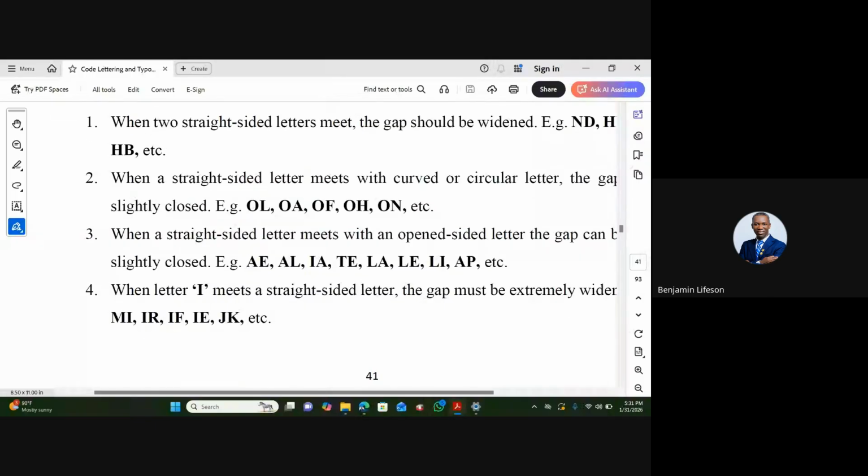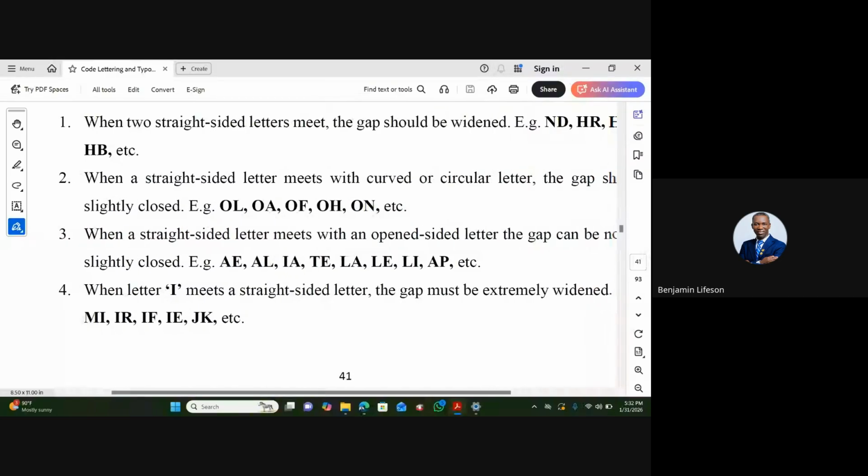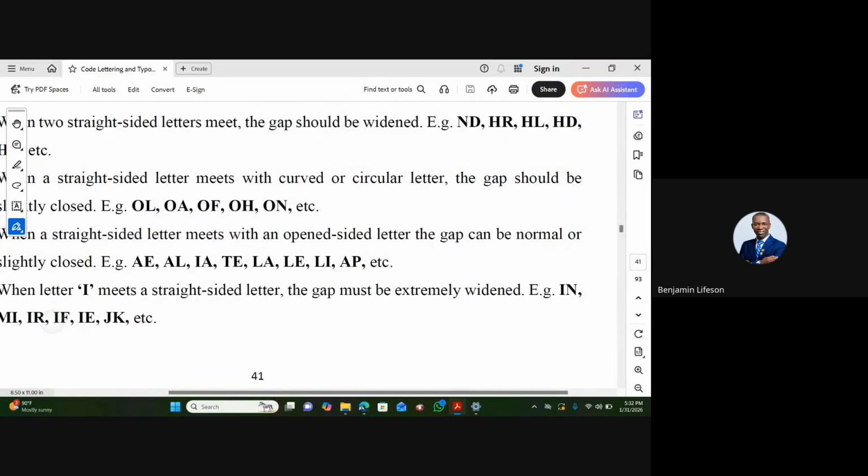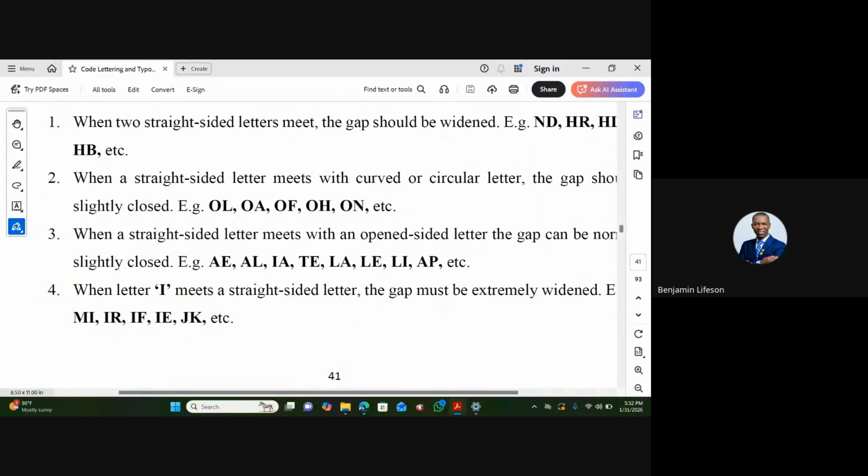Now let's go to principle 3. When straight-sided letters meet with an open one, the gap can be normal or slightly close, like A and E, A and L. You can see that the A is slanted.